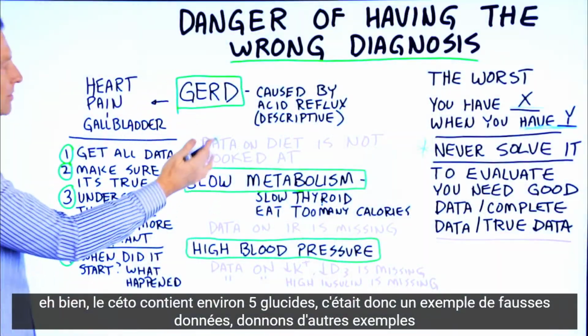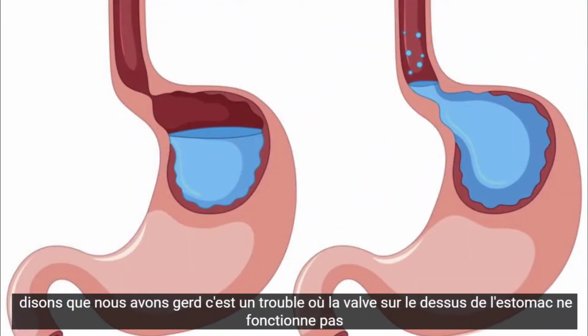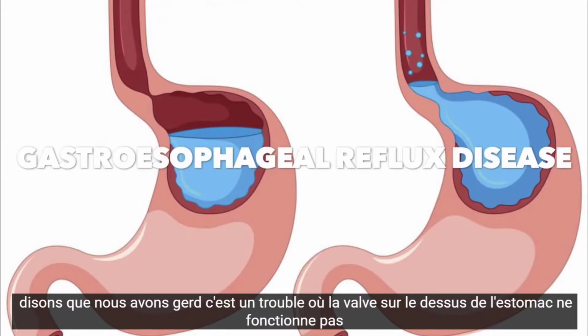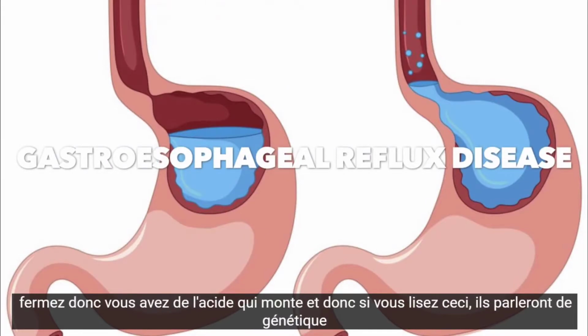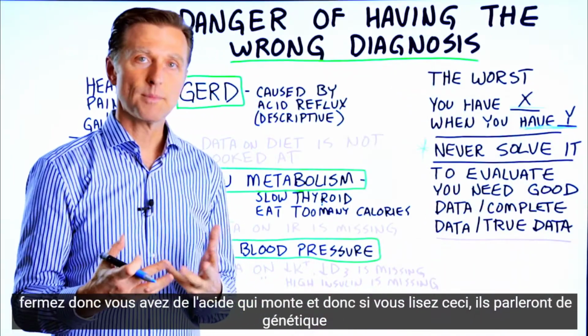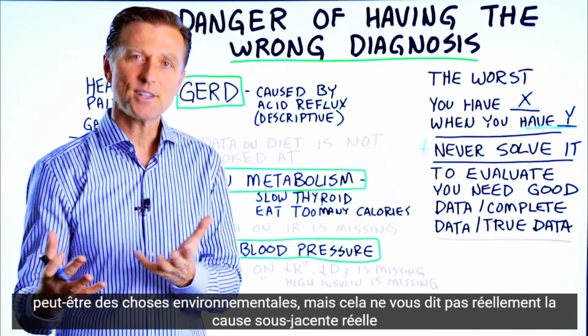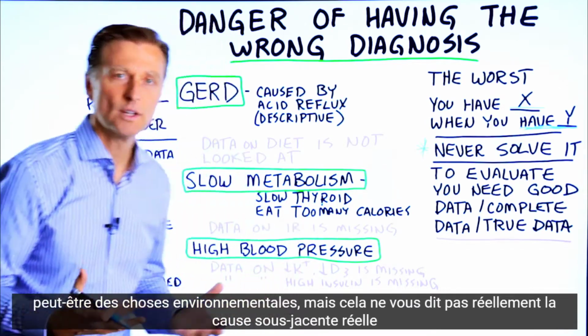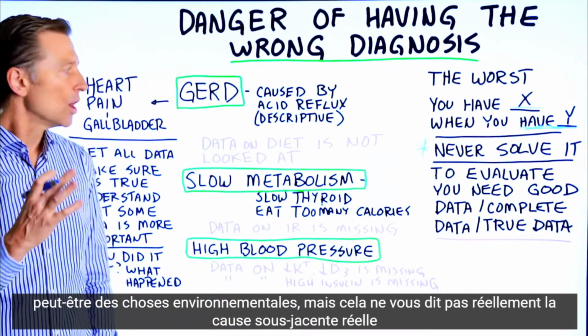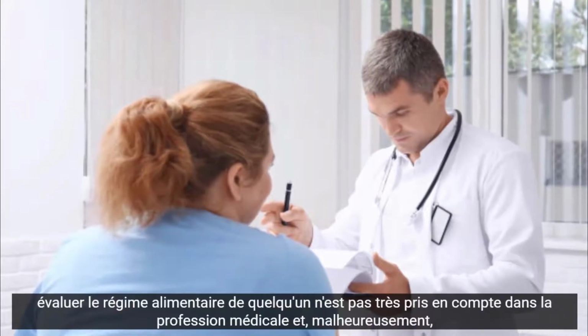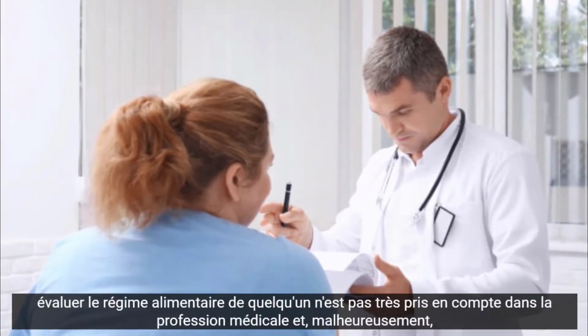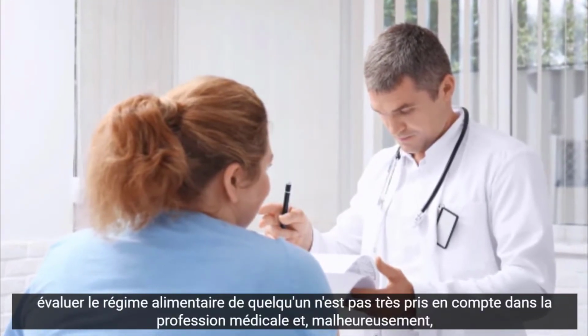Let's give you some other examples. Let's say we have GERD. This is a disorder where the valve on the top of the stomach doesn't close, so you have acid that comes up. And so if you read on this, they'll talk about genetics, maybe some environmental things, but it doesn't actually tell you the actual underlying cause. Evaluating someone's diet is not looked at very much in the medical profession.